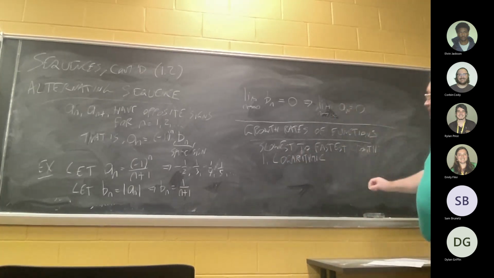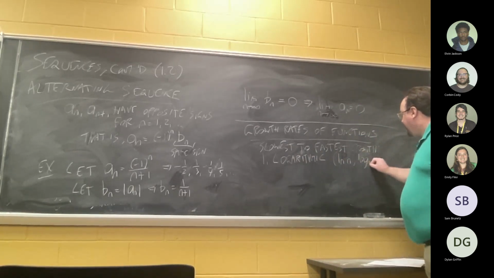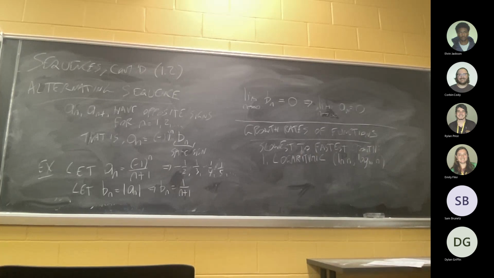So any family of logarithmic functions, like ln of n, or log to the base 10 of n, things like that. As n goes to infinity, the logarithmic function goes to infinity, but much more slowly than other functions.